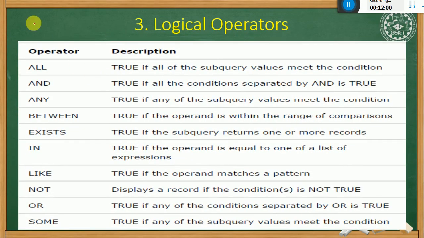Then next, logical operators. We have already used some of them in select. If the condition is met, then it will return all the records, including duplicates, or this is generally used when all the sub values meet the condition. Then AND, the logical AND; you know the AND operation because it is similar to your digital electronics.